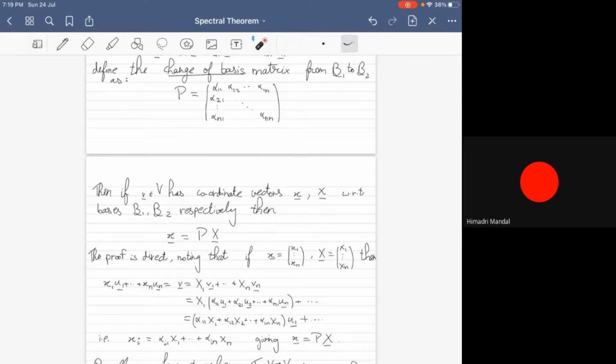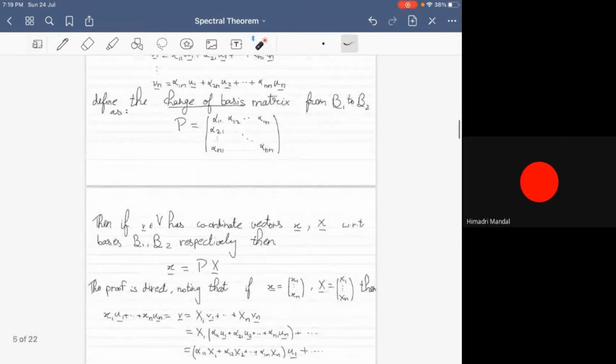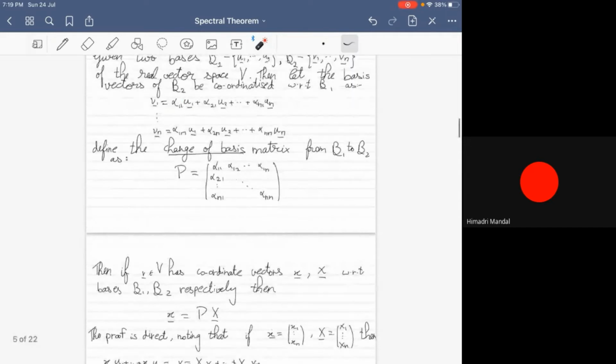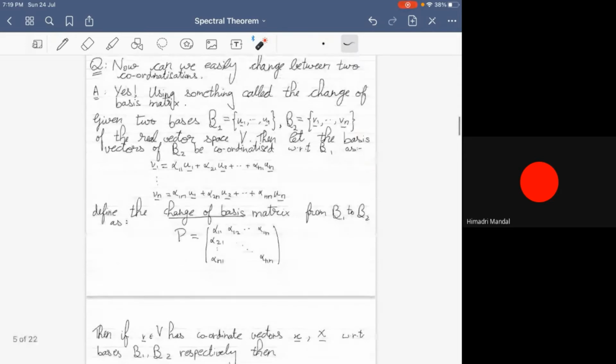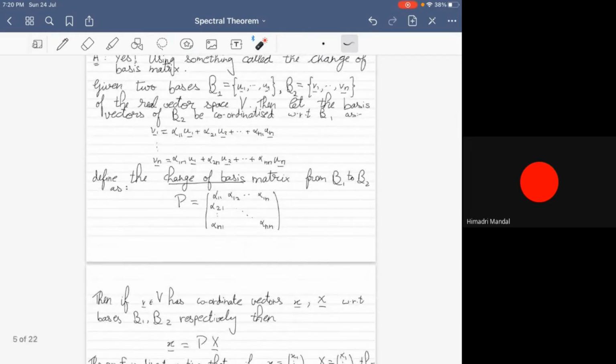What we do is we define something called a change of basis matrix, which is a matrix in terms of two bases, B1 and B2. So let B1 be this basis. B1 is a set of vectors which form a basis of an n-dimensional space, and B2 is another set of n vectors. Then look at the coordinates of the second basis vectors with respect to the first.